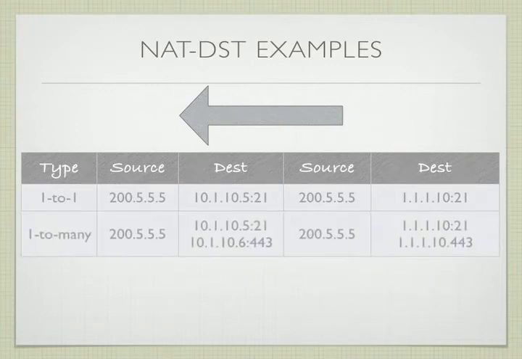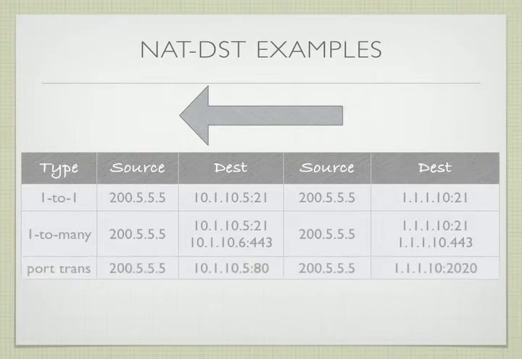If we have one-to-many, we can split them so that the port request for FTP goes to 10.1.10.5, and the request for SSL goes to 10.1.10.6. And we can do port translation, where we tell people to use this port 2020, and we redirect 2020 to 10.1.10.5's port 80 for a web server request.